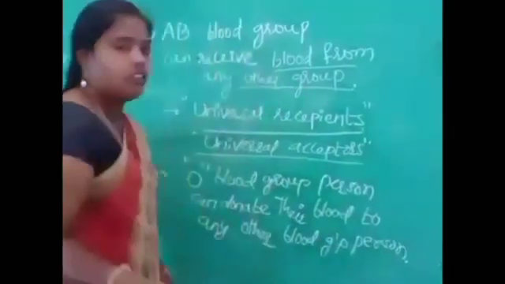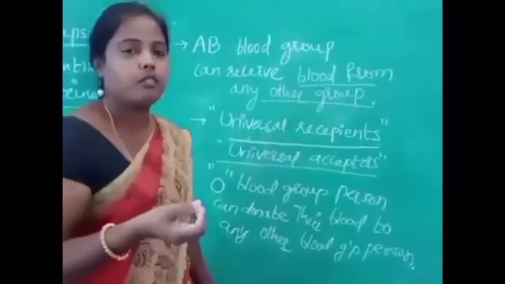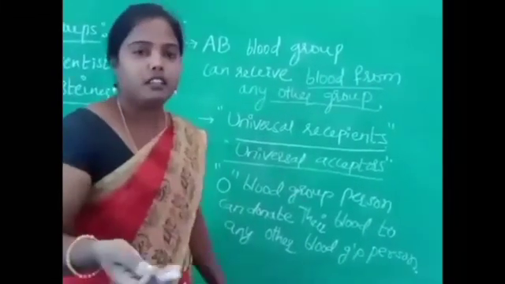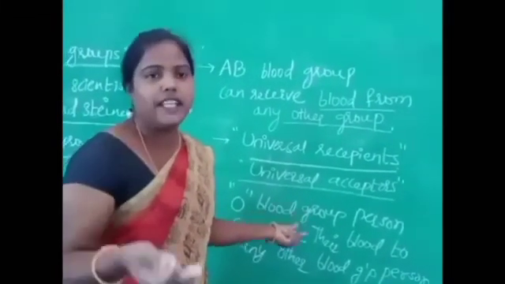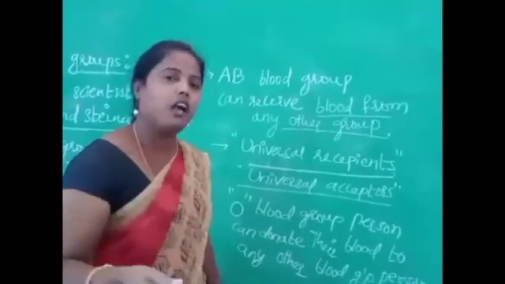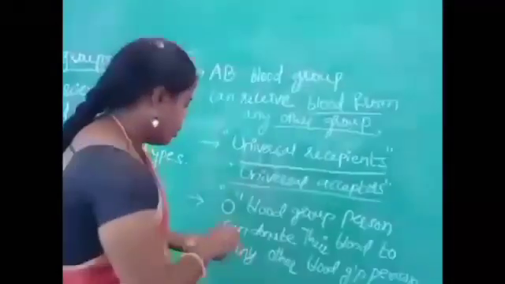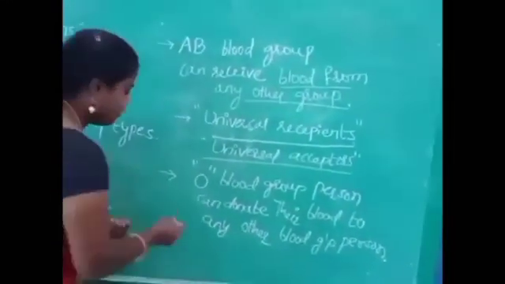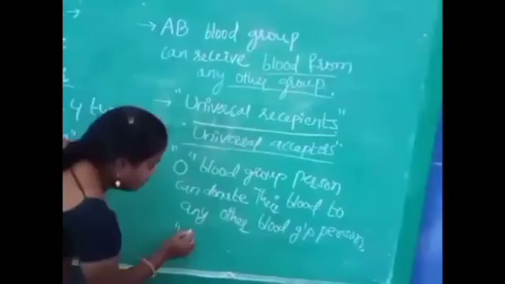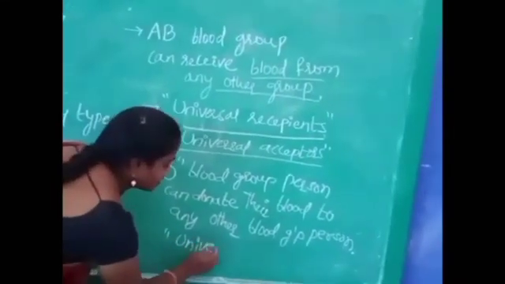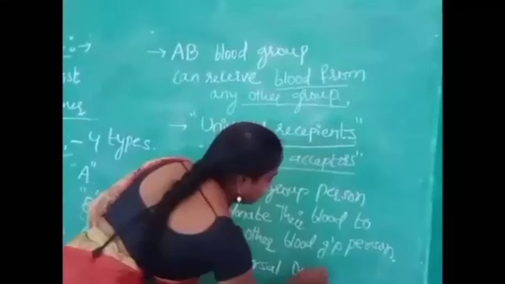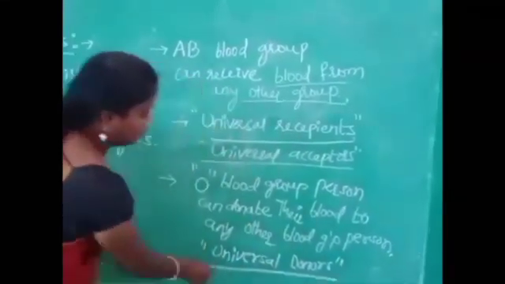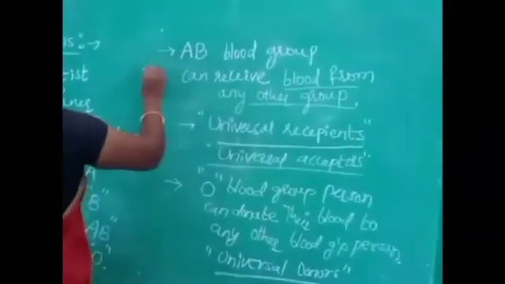Understand, children? O blood group person can donate their blood sample to any other person like A, B, AB or O. So that's why O blood group person is called a universal donor. Universal donors. Okay, very important 2 marks question.